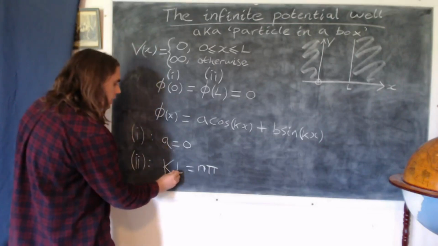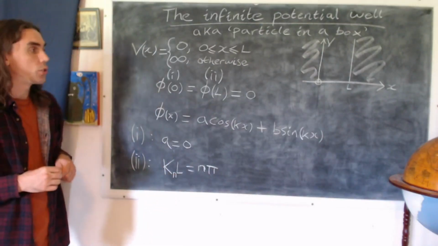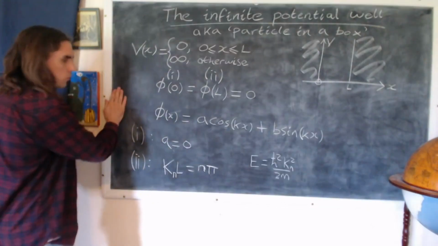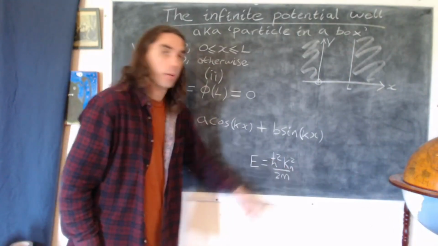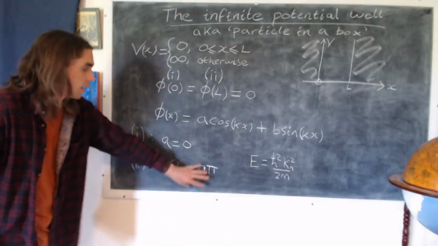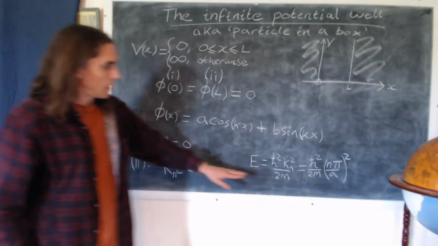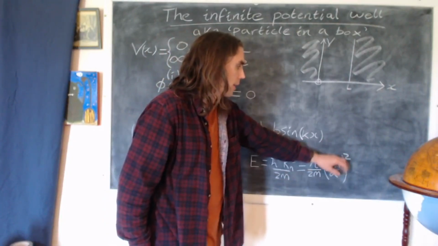So let's label those k's by that integer n, and our solutions for the eigenenergies are as follows. h bar squared k squared over 2m, but where k is now labelled by n, and we can substitute this expression in here for kn. So this equals h bar squared over 2m, brackets n pi over L all squared.